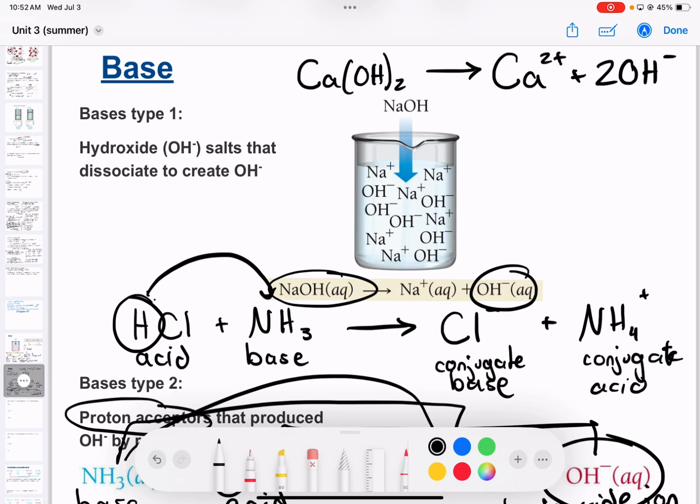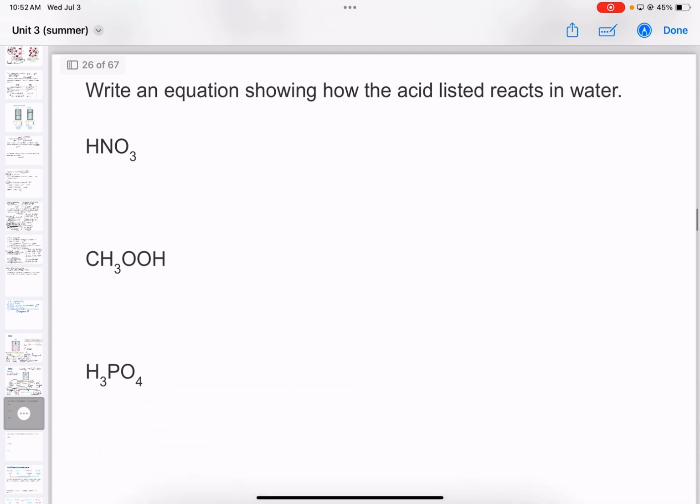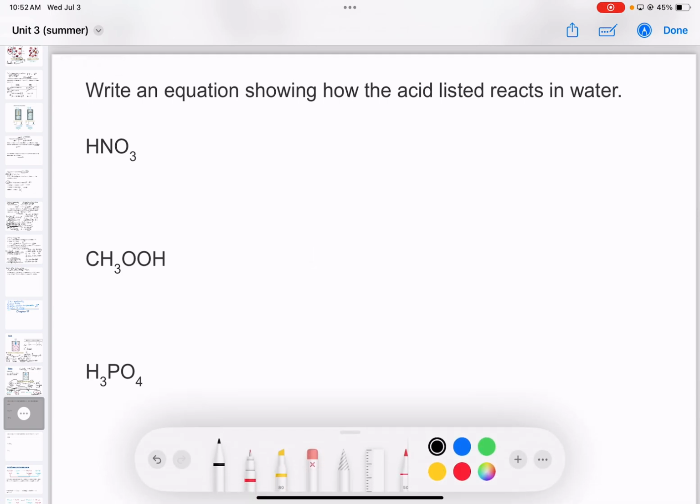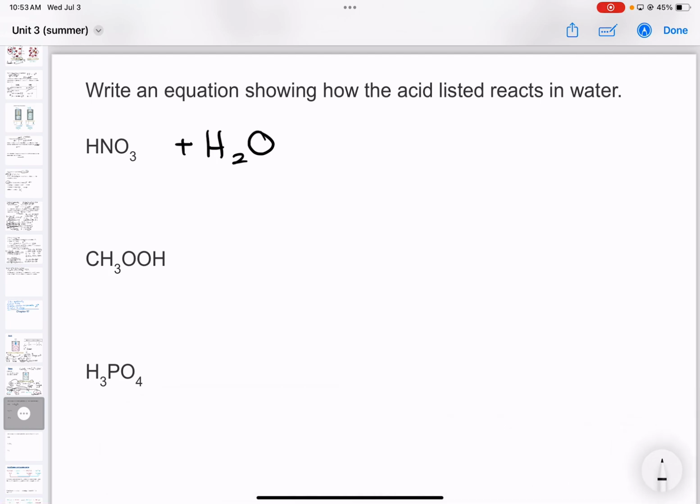Okay, I know it's kind of confusing when we just talk about it, so let's do some examples. On this one, I want you to write me an equation, each one of them reacting with water, and tell me what the products are, knowing that each one of these is an acid.